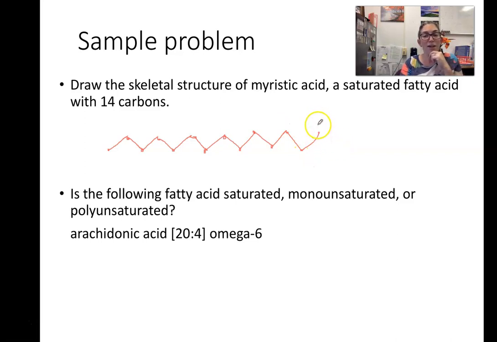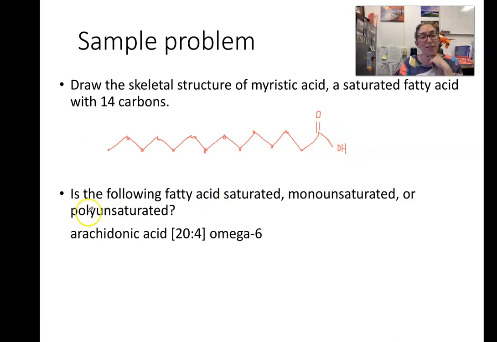All right, so I have 14 carbons, and now at one of the ends, either the right side or the left side, it doesn't matter, I'm going to do it on the right side, I need to add a double bond to oxygen. That last carbon is double bonded to oxygen and single bonded to OH. That makes a carboxylic acid functional group. The thing to be careful about is making sure you're not adding another carbon, that you're just adding that double bond to the oxygen and the alcohol group coming off of that last carbon.